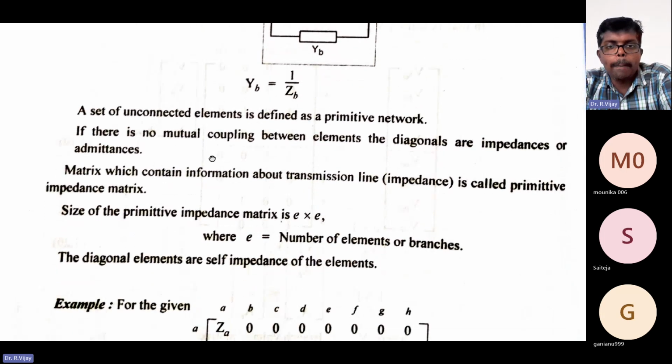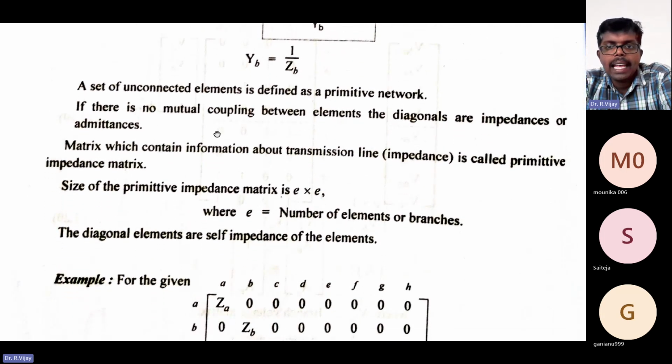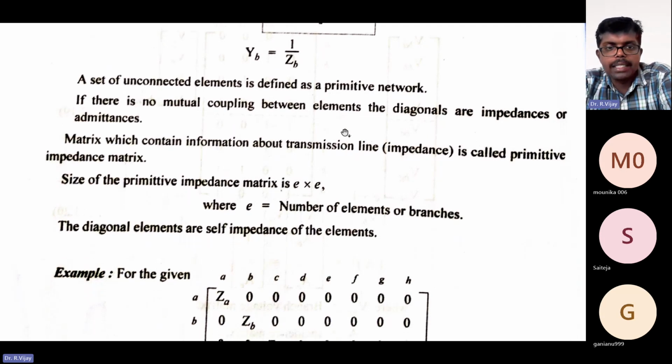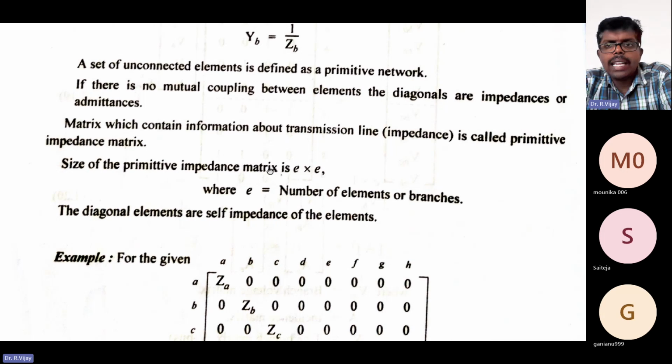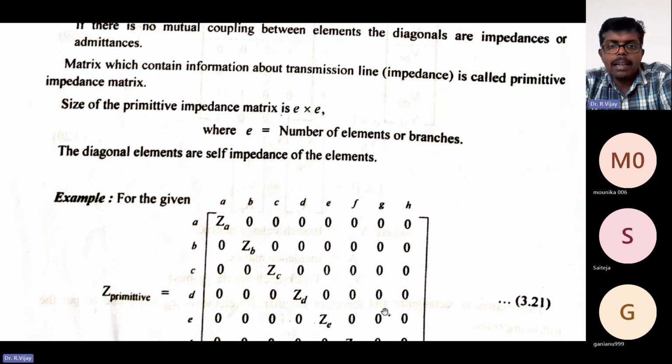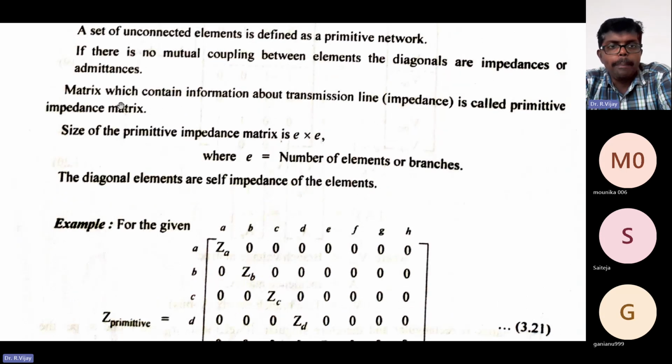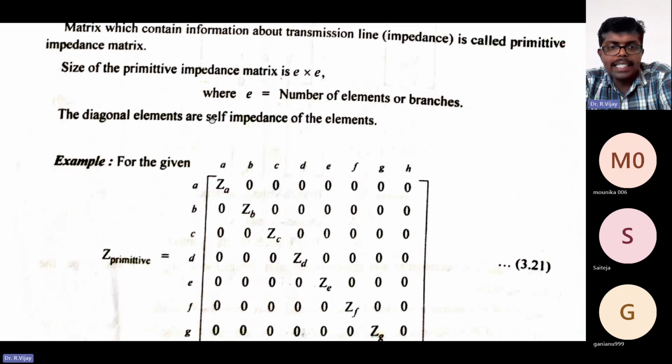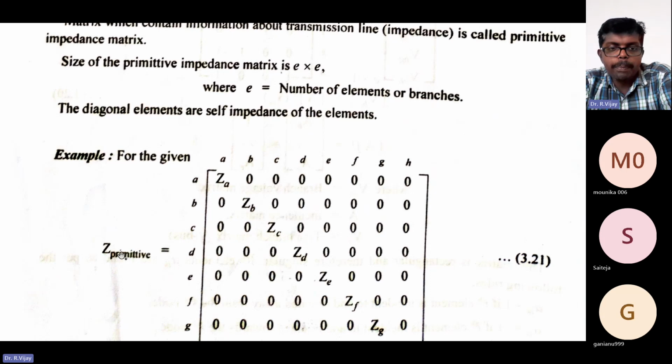If there is no mutual coupling between the elements, the diagonals are impedance or admittance. So only the diagonal elements, the impedance or admittance, are present if there is no mutual coupling. What is the Z primitive matrix?